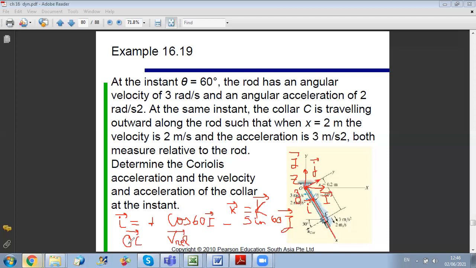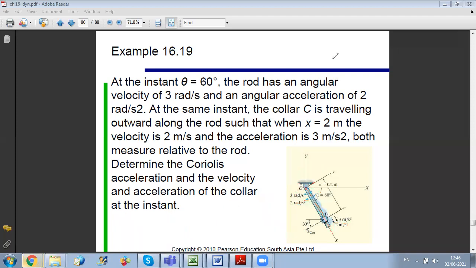If you look at vectors OC and V relative, both are along the rod, because vector OC is 0.2 times I, and V relative is 0.2 times small I. So for convenience, to have an easier expression, it's easier to work in small i, small j. Because if you work in big I, big J, you should project OC and V relative. So to simplify the analysis, we will express all vectors in frame small i, small j, small k.